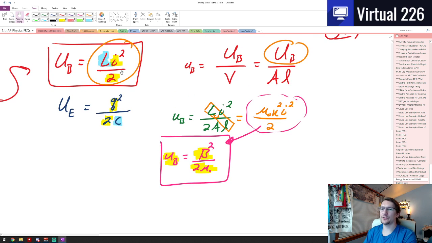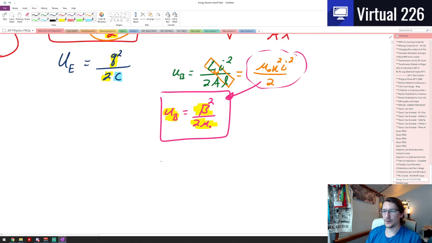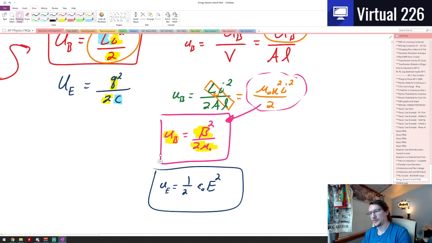And just as we saw up here with the energies looking very similar to electric fields, the energy density of an electric field was 1/2 epsilon naught E squared. So it looks very similar. You still have the 1/2. The epsilon and mu naughts have just kind of flipped denominators and numerators, and the B squared is just replaced with an E squared. So that's kind of a thing that happens as well.